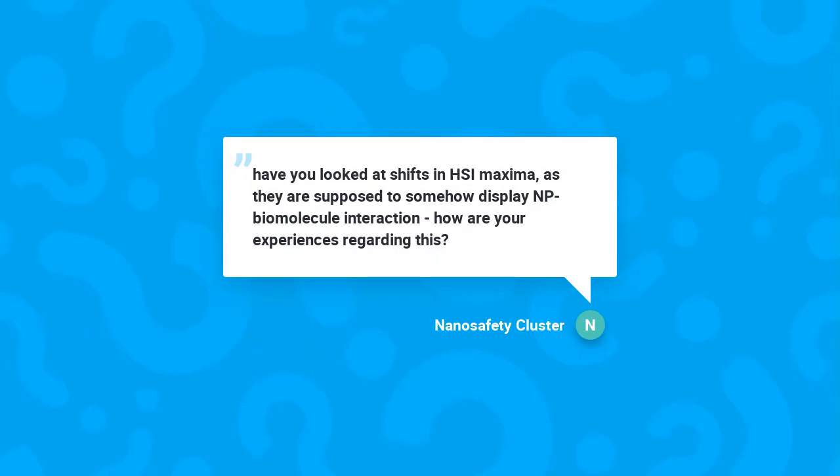Have you looked at shifts in the hyperspectral image maxima, as they are supposed to display nanoparticle-biomolecule interaction? And how are your experiences regarding this? Yeah. So what I see in our samples, which are mainly tissue samples stained with hematoxylin and eosin, is that even within one particle agglomerate you will have a lot of different maxima, and you can find the same in these scattering artifacts.